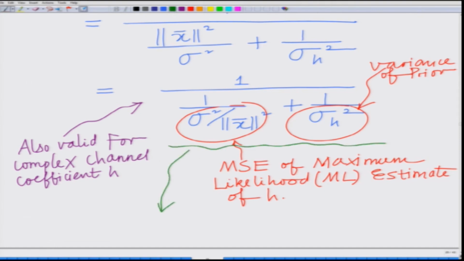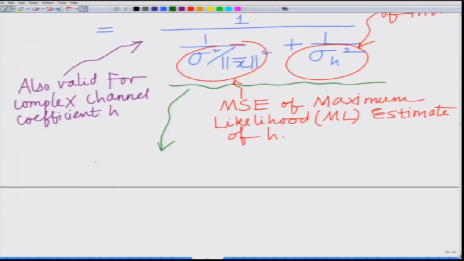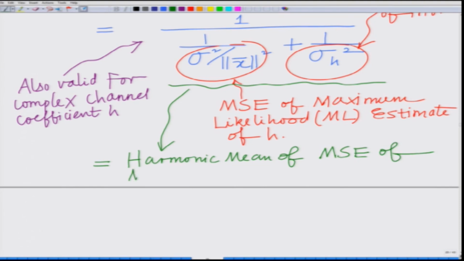This is equal to the harmonic mean, or HM, of the MSE, mean squared error, of the MLE, that is the ML estimate, and the prior variance.